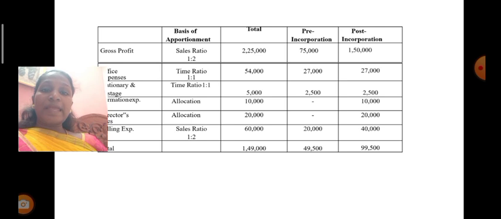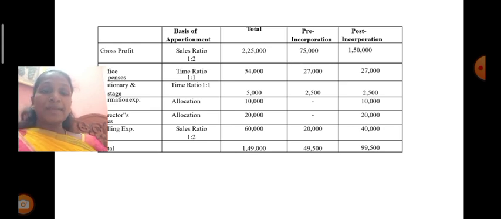The next expense, printing and stationery. That is on the basis of time ratio. The total amount is 5,000. So 2,500 for the pre-incorporation period and 2,500 for the post-incorporation period.